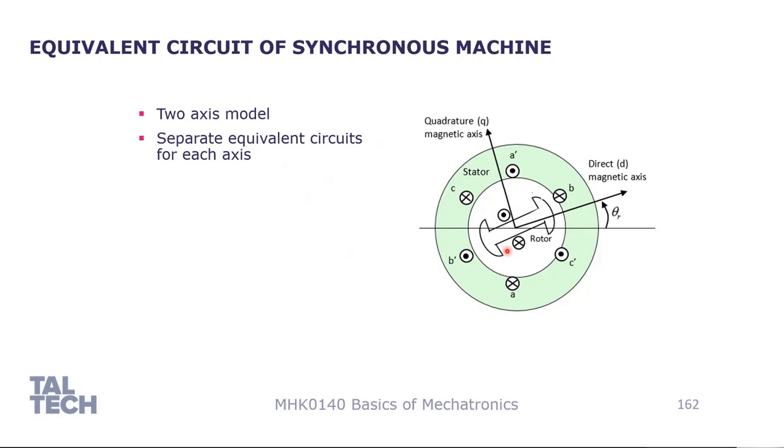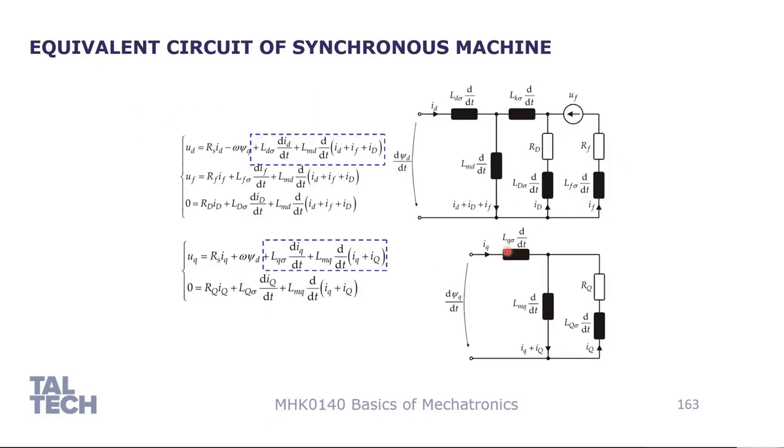But what I'm trying to say is that the equations that we will get will be more complex, and there will be the direct axis equivalent circuit, and this will be the quadratic axis equivalent circuit.